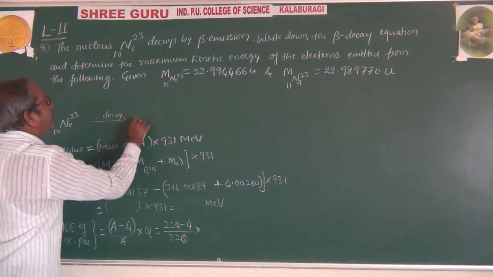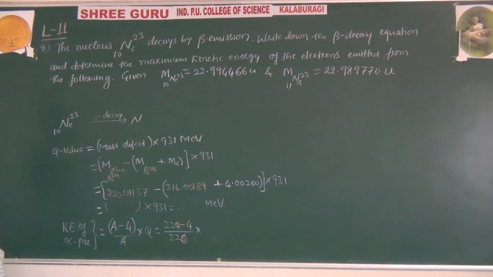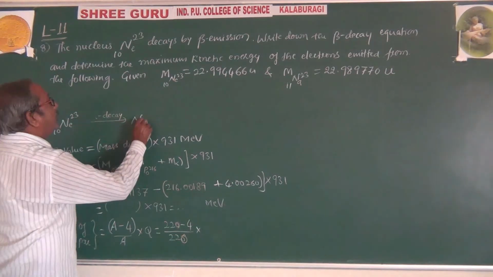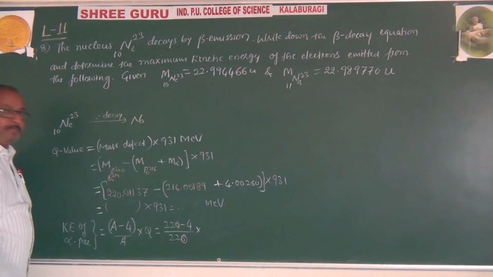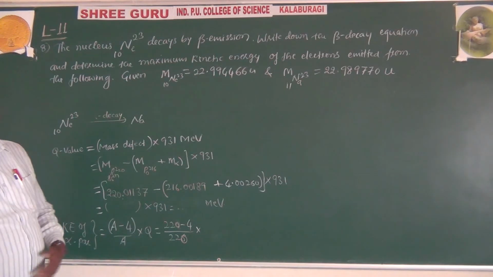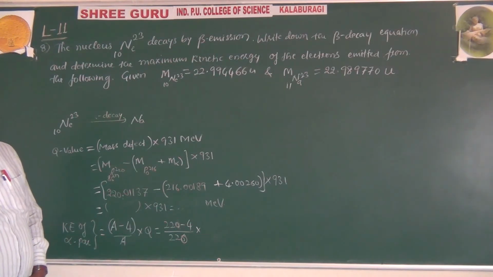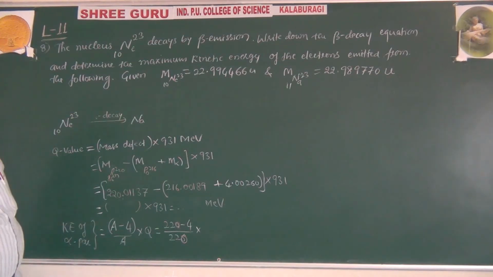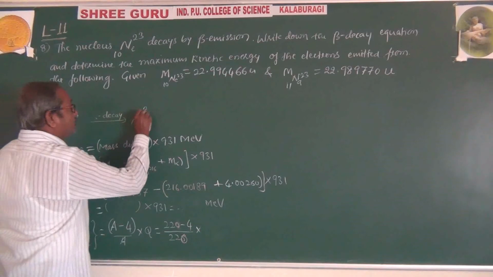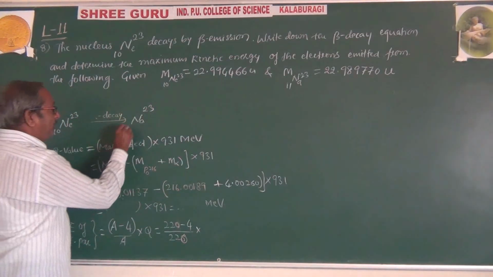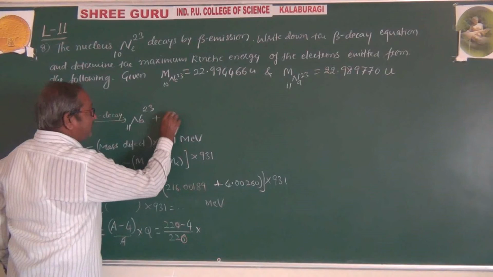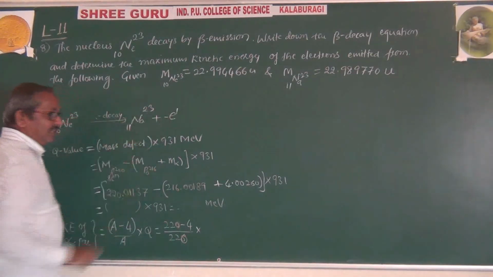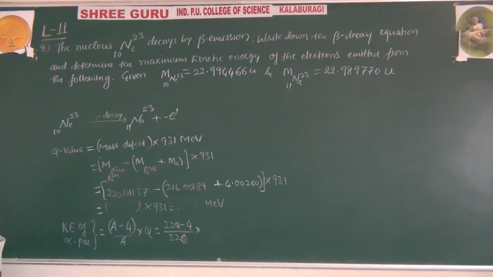Here beta emission: beta consists of negatively charged particles called electrons, so it becomes sodium. If there is beta emission, the mass number remains the same, but the atomic number increases by 1. The mass number remains the same, 23 as it is, but its atomic number increases by 1.